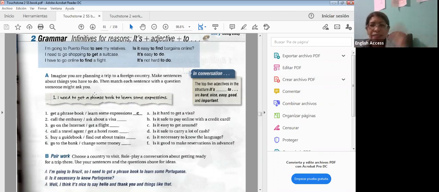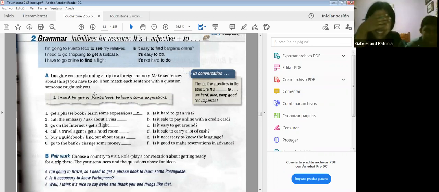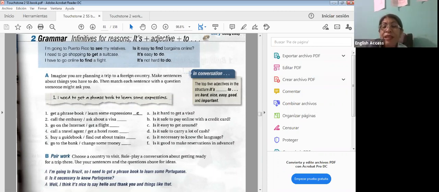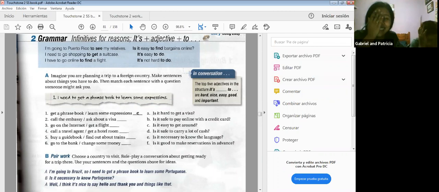Complete the sentence: I need to get a phrase book, learn some expressions, just like that. As I said before, number one, complete the sentences.